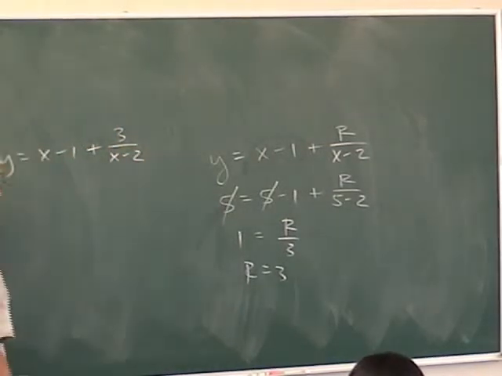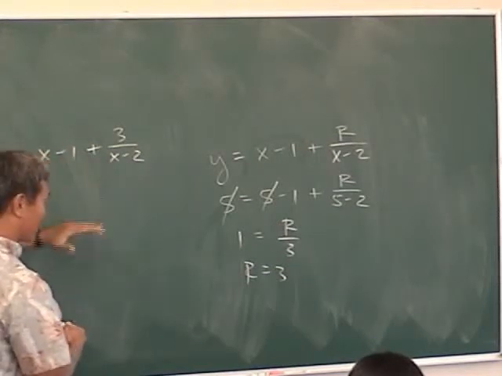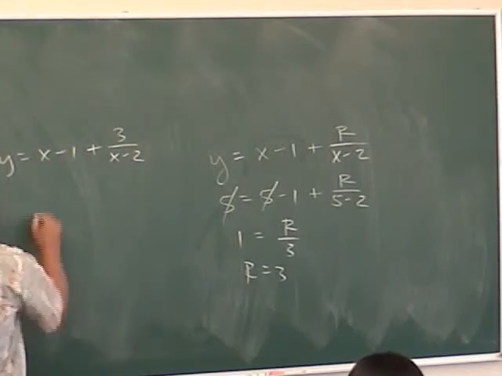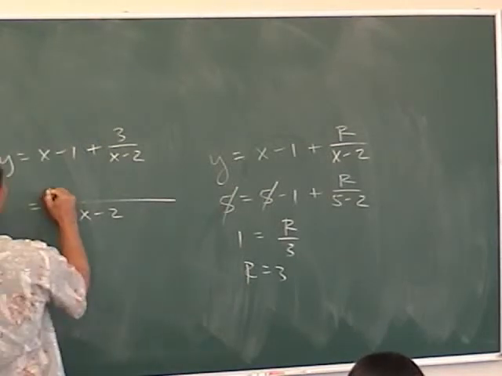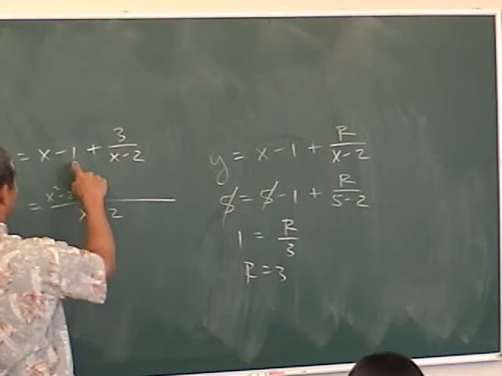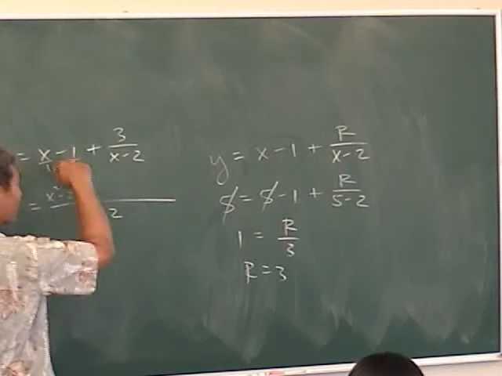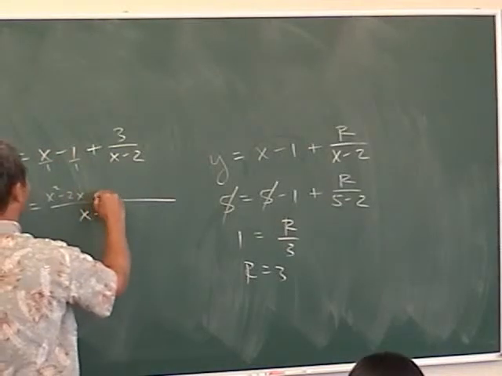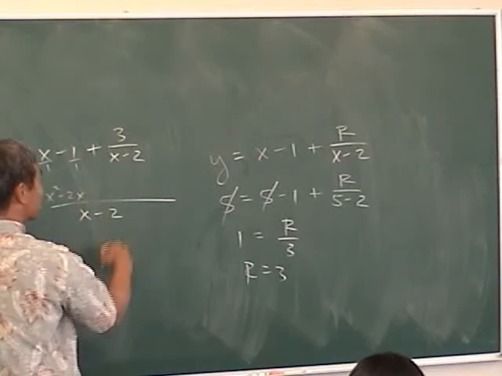And that's your answer. Except when we're working with rational functions, we want to write it like a rational function. So how do I write it in the form polynomial over polynomial? You make a least common denominator. So what's going to be here? X squared minus 2x. Come on, this is like over 1, people. Just multiply by x minus 2. What's negative 1 times x minus 2?